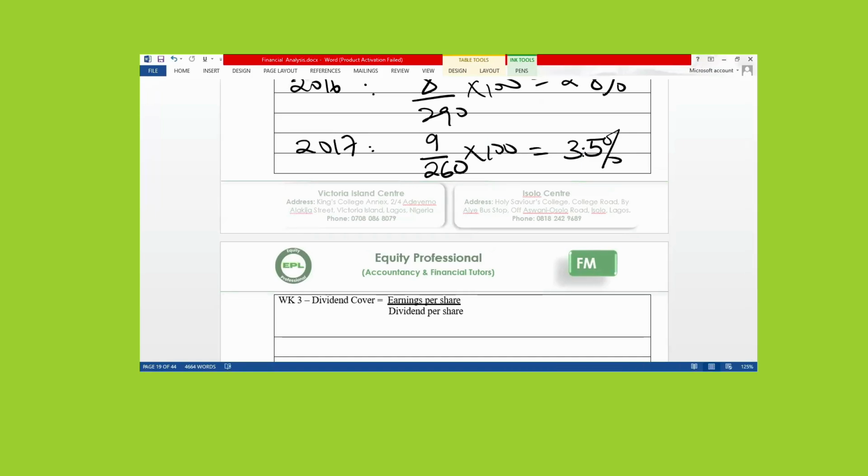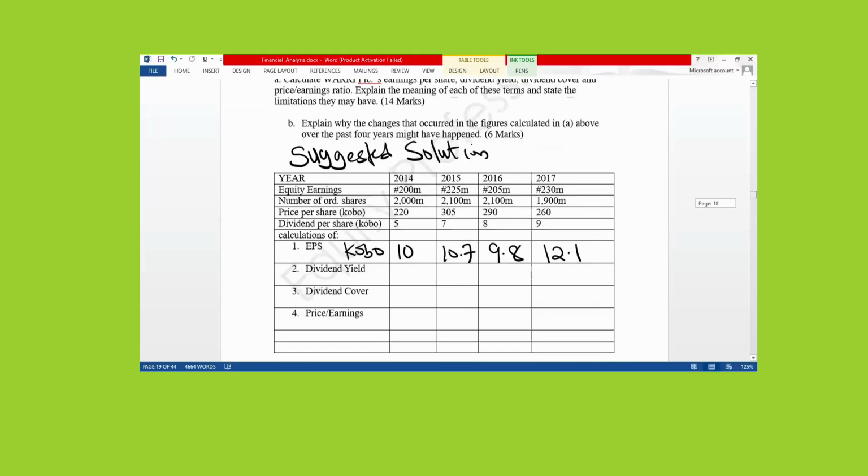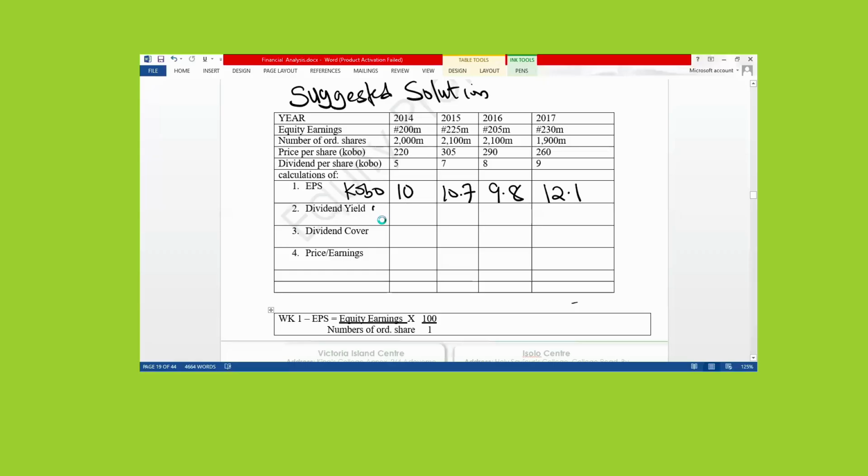You have calculated your dividend yield in percentage: 2.3, 2.3, 2.8, 3.5. Next, dividend cover.